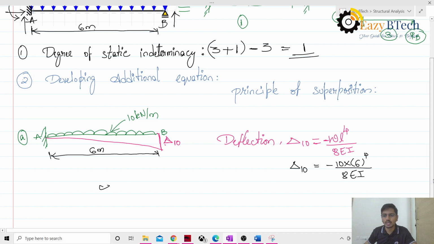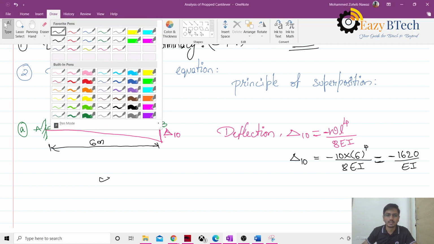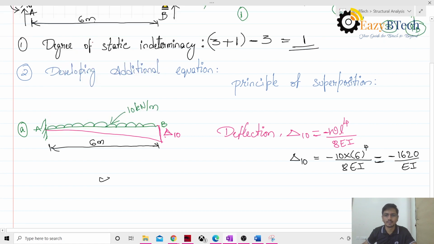Since we don't know the EI value, we'll leave it as it is, and the value we get is minus 1620 by EI. This is the deflection of the cantilever with UDL. We'll move forward.